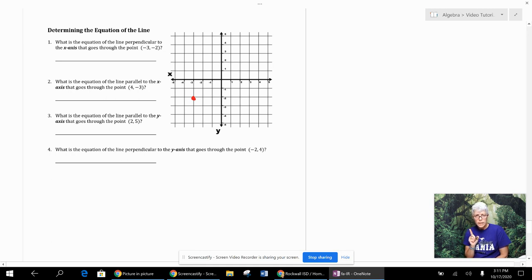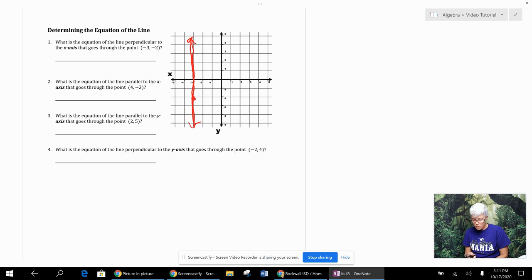Okay, perpendicular to the x-axis. Well, the x-axis is horizontal. So I'm going to do a vertical line because that's perpendicular to it. So then what is that? Is this a line that's going to be x equals something, or is it going to be y equals something?